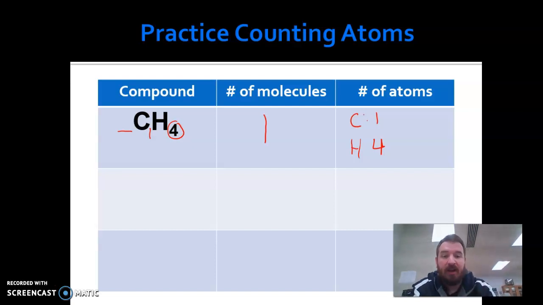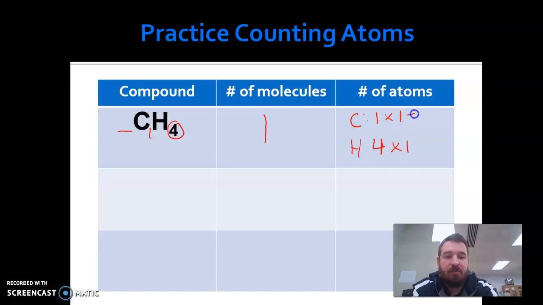Sometimes we might have more molecules. So I'm still going to show this part. If we want to find out the total number of atoms, we need to multiply that by how many molecules we have. Since we only have 1 molecule of each, that's not going to change.